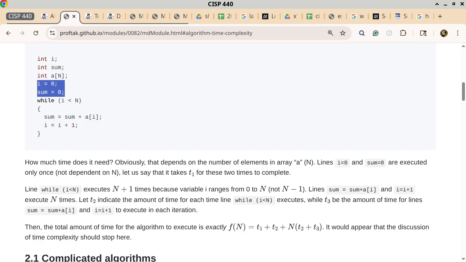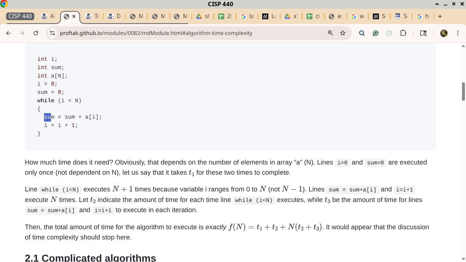So the way I specify that is, T1 is for the initialization. T2 is the time it takes for one evaluation of this condition. And then T3 would be the time that it takes to execute these two statements over here. So are we doing okay so far?